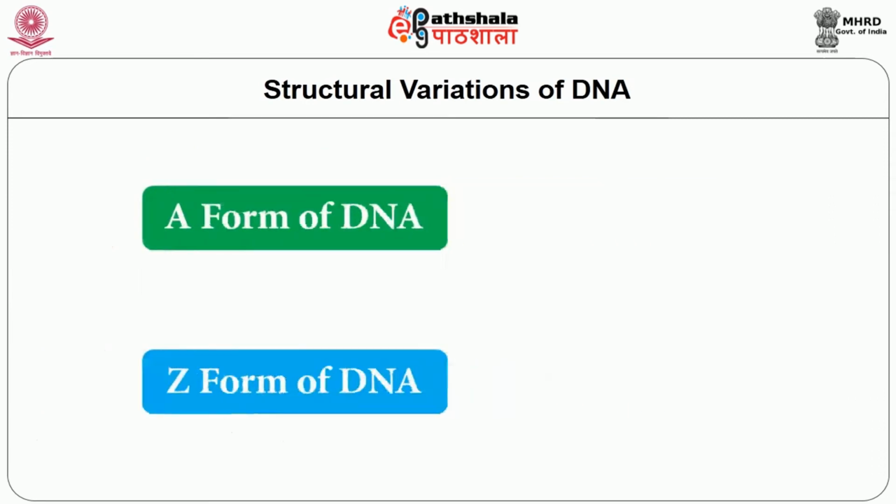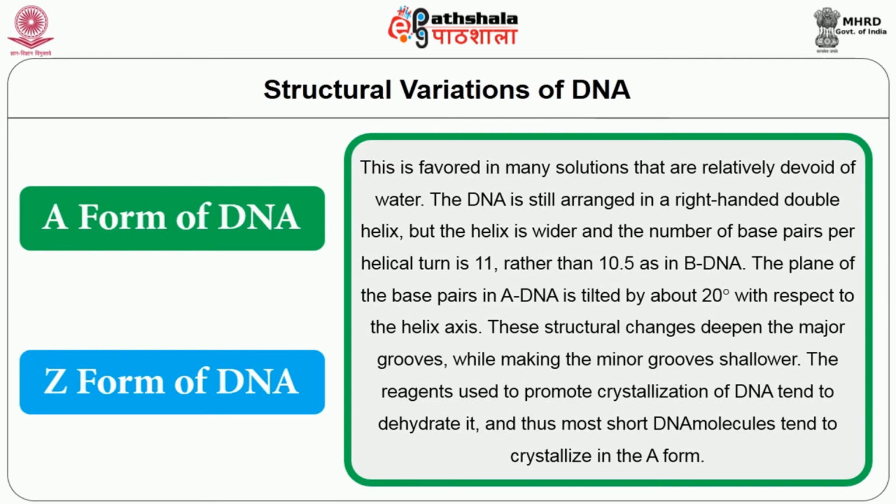The A form is favored in many solutions that are relatively devoid of water. The DNA is still arranged in a right-handed double helix as was the B-DNA, but the helix is wider and the number of base pairs per helical turn is 11 rather than 10.5 as in B-DNA.